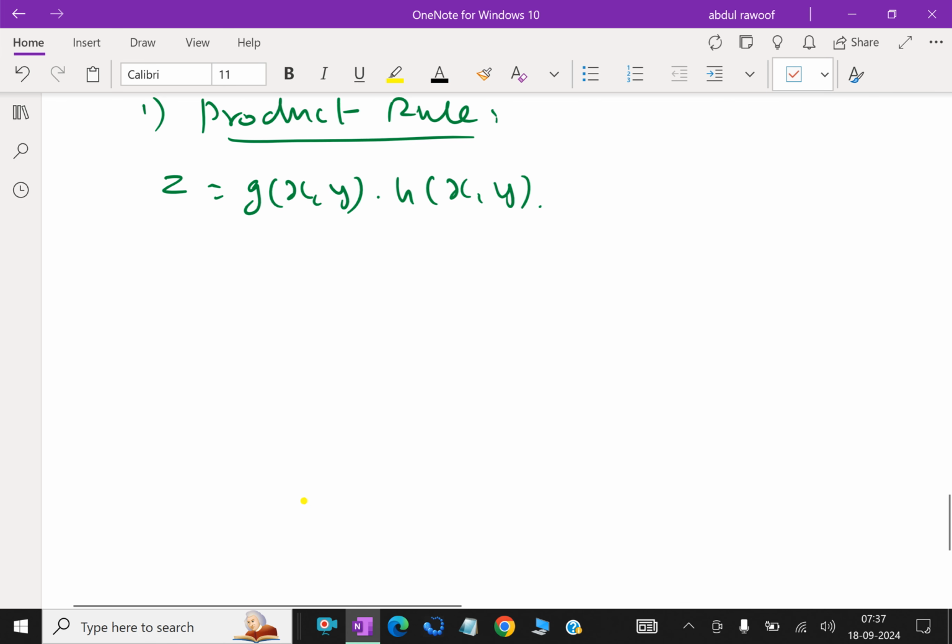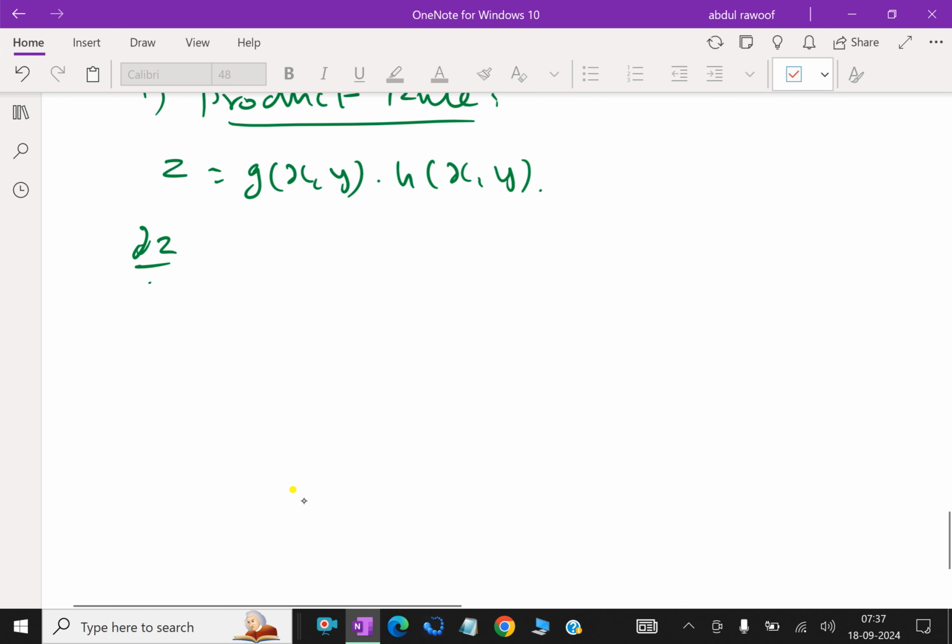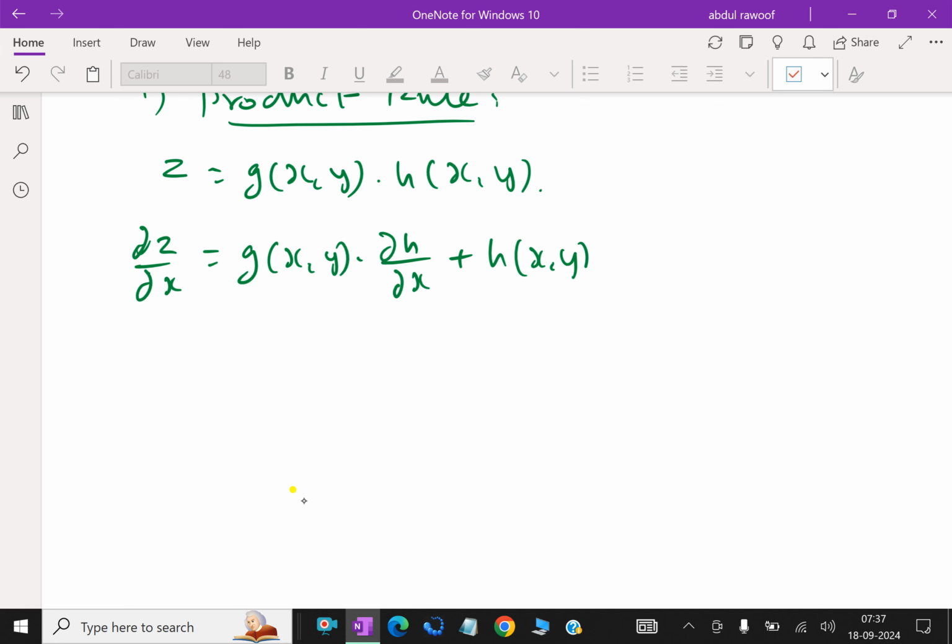Then first, dou z by dou x equals the first function g of x comma y into the derivative of the second function, dou h by dou x, plus h of x comma y into dou g by dou x.